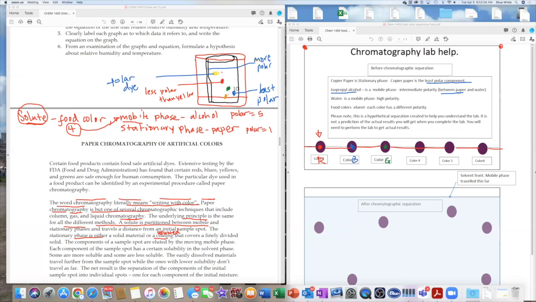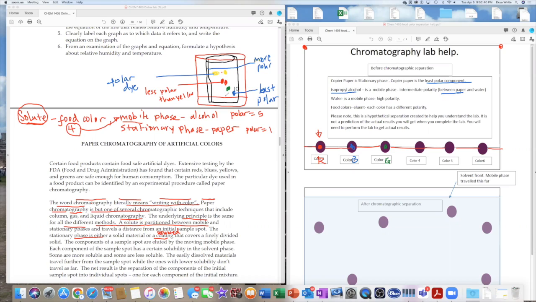Since orange is made up of a mixture of two different dyes, the yellow and the red, what we expect to see after this orange has moved is you won't see the orange color anymore. What you will see is a faint red that will be similar in position to this red here, and then a faint yellow that will be similar to this position here.